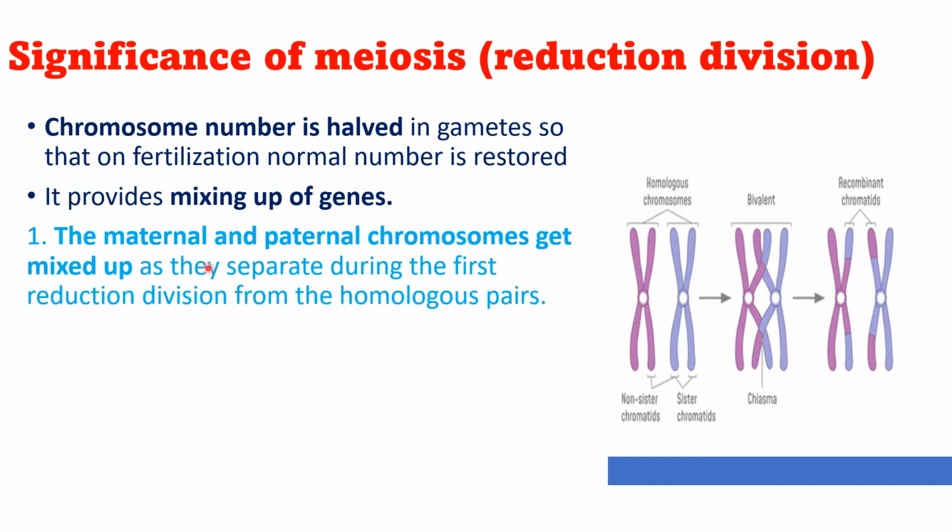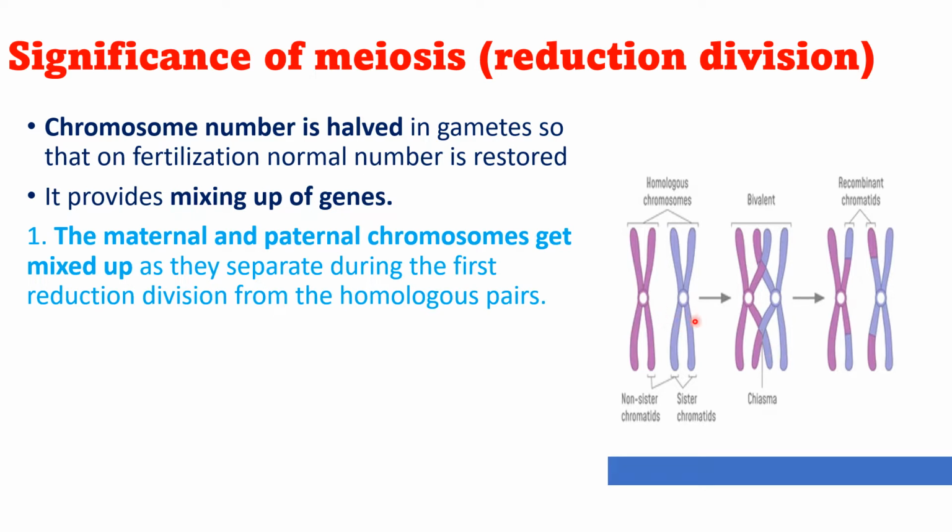The maternal and paternal chromosomes get mixed up as they separate during first reduction division from the homologous pairs. Here you can see these two are homologous pair of chromosomes. Then that will get mixed up at the time of first reduction division. Yes, the genetic material gets mixed up.